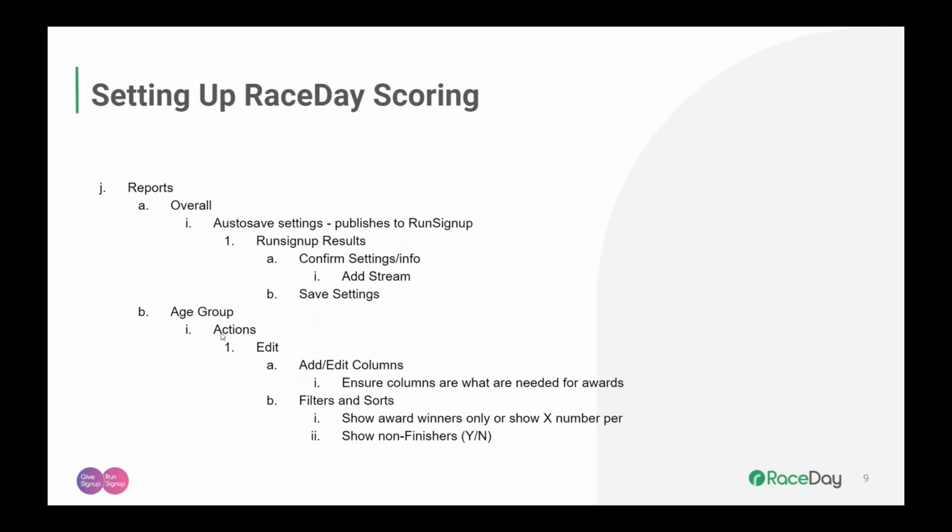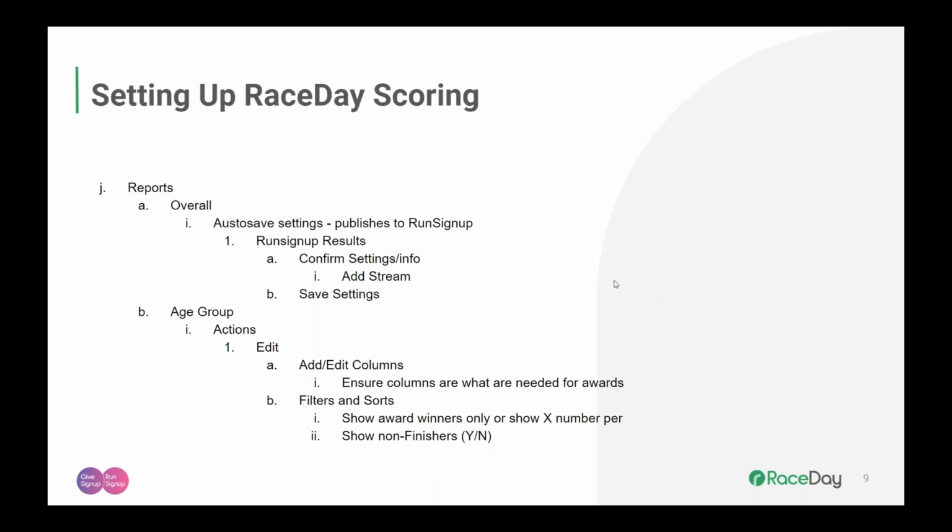And so I go into my actions and edit and make sure I don't have unnecessary columns. Like I don't care about my splits. If let's say I'm doing a triathlon, I don't care about split data in my award categories. And then I also might only want to show award winners or only X number of people per age group, or show non-finishers or not show non-finishers or things like that.